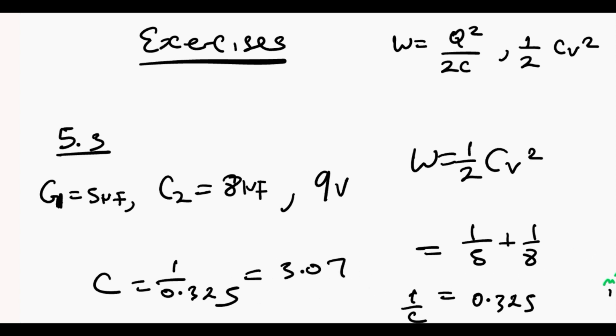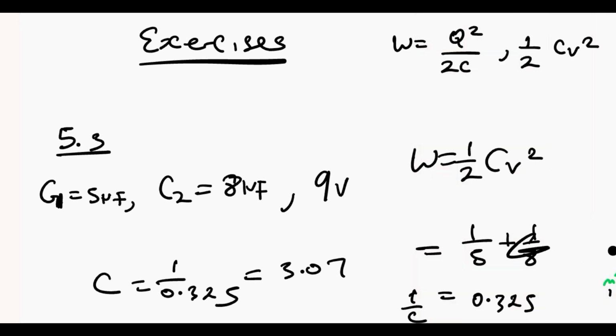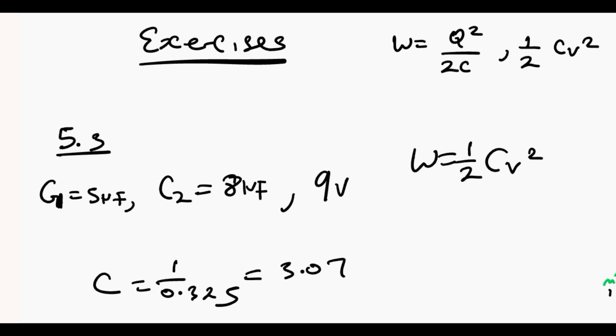Since we have C, we can plug into this formula: our energy stored, W, equals 1 over 2 times 3.07 times 9 squared.